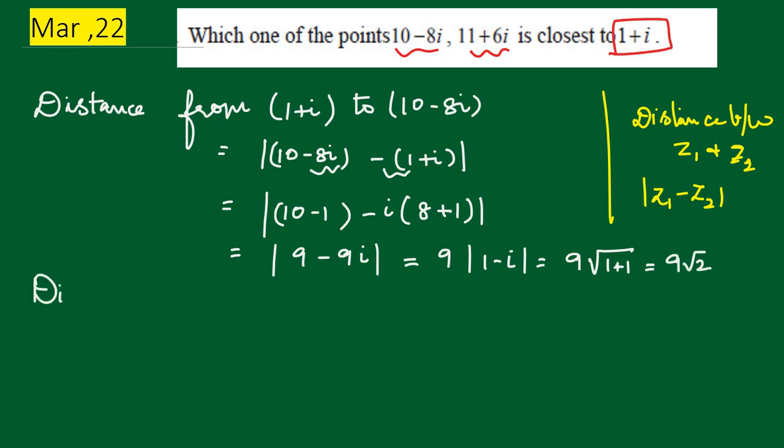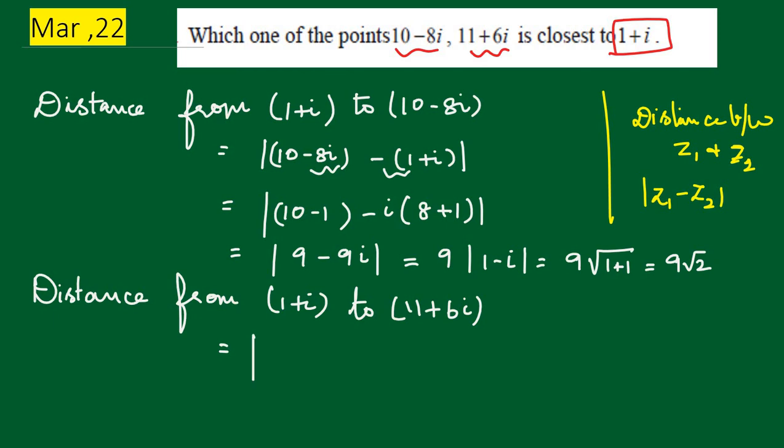Now next we find the distance between the next point and 1 plus i. So the distance from 1 plus i to the next point, that is 11 plus 6i, is equal to mod of z2 minus z1 or z1 minus z2. It can be taken as 11 plus 6i minus (1 plus i).